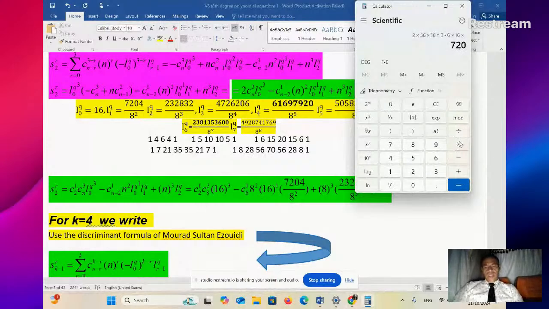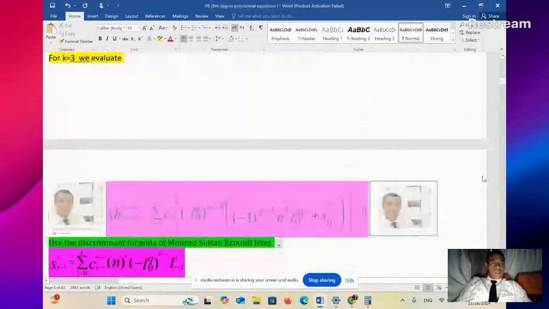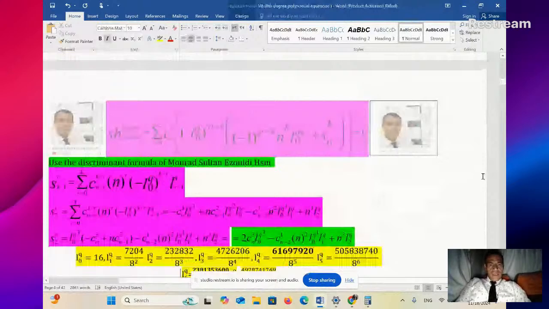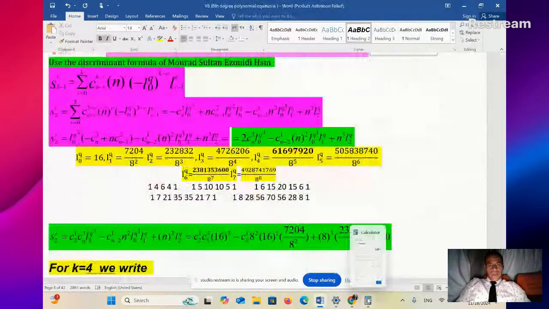7,240. This one, learners, okay, then I'm going to put this here. I'll change the icon of my calculator so that you can see this one. Okay, I will go back to my calculator.